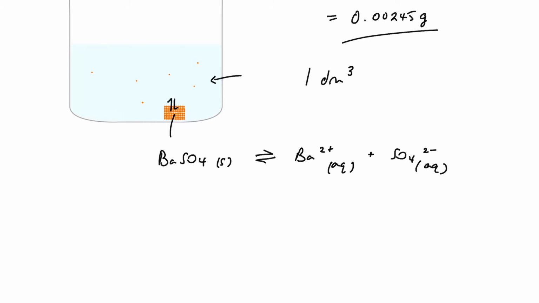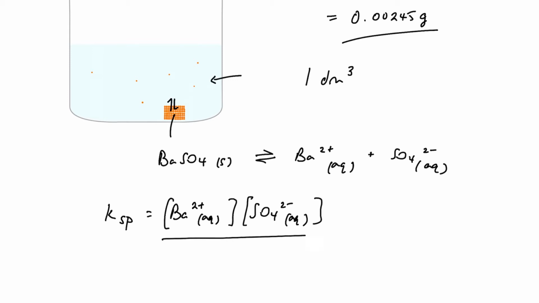The equilibrium constant for this equilibrium, for a sparingly soluble salt, is called the solubility product, and it is given the symbol Ksp, and we write it in the way that we write any of these expressions. So it's the barium ion concentration times the sulfate ion concentration, products over reactants, and we've got barium sulfate solid.